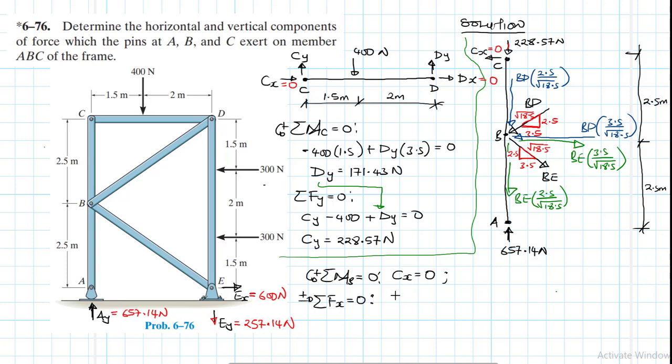We have BD times 3.5 divided by root of 18.5, minus, since BD is pointing the other way, plus BE times 3.5 divided by root of 18.5, and this is equal to 0. Therefore our BE is equal to BD.